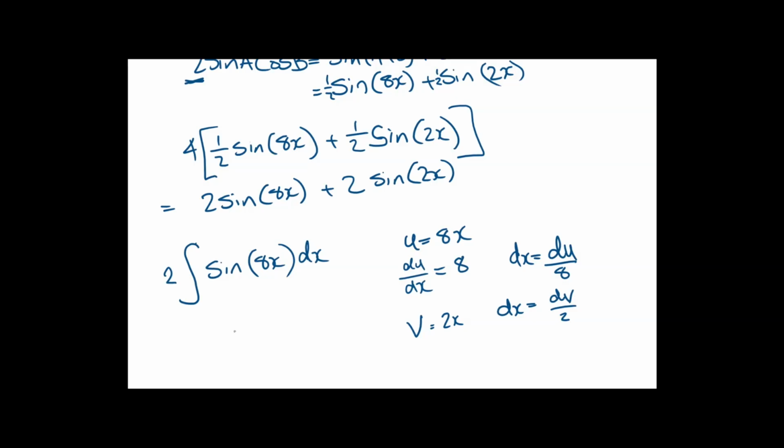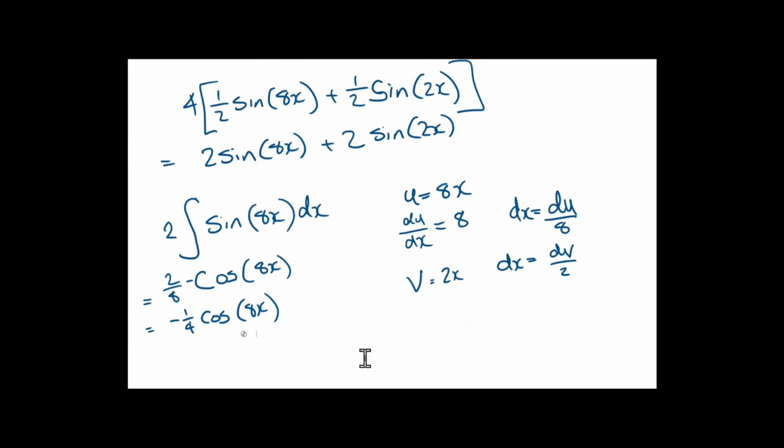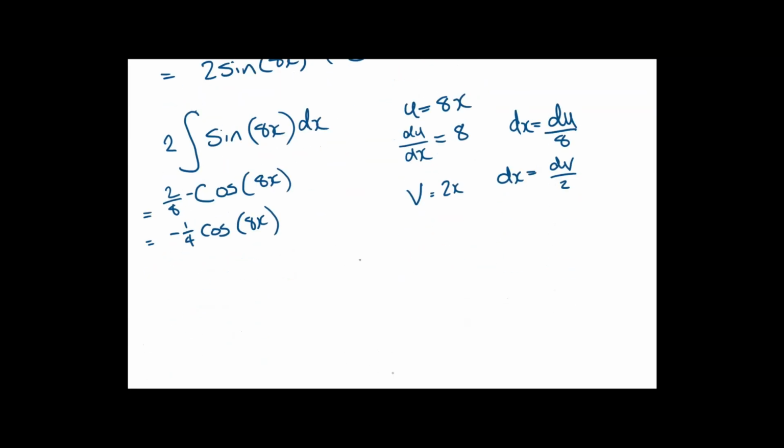Okay, what does that mean? That means that we should rewrite this. It is 2 over 8, which is a quarter, negative cosine, and we convert it back. So this is going to be equal to negative 1 over 4 cosine of 8x. That's the first half. Second half is going to be very similar.